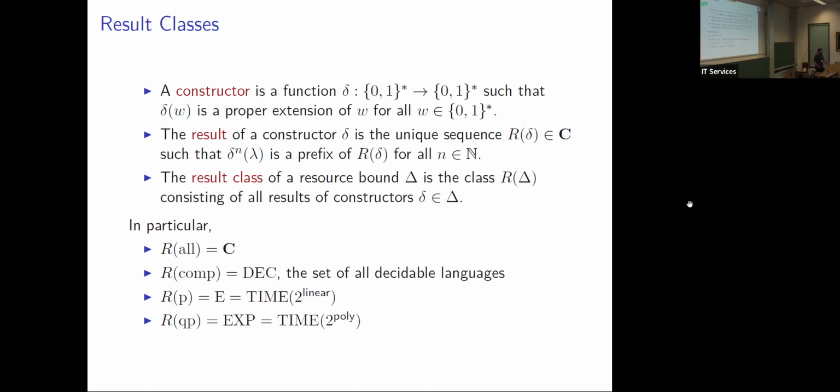So the result class of a resource bound is the class R of big delta, that's all results of constructors in that class. So for example, R of all is the entire Cantor space. R of comp is the set of decidable languages. R of P is E, and R of QP is EXP.